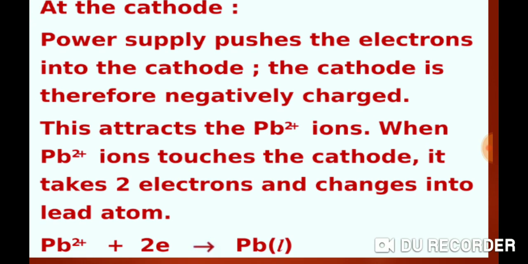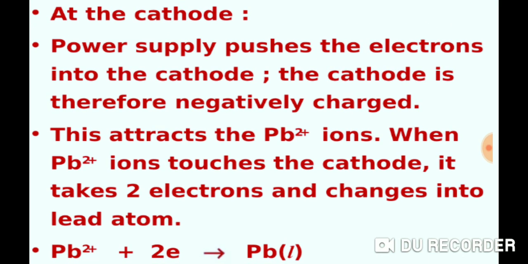Similarly, the power supply pushes electrons into the cathode. The cathode is therefore negatively charged. The negatively charged cathode attracts the lead ion, Pb2+, towards itself. When the Pb2+ ion touches the cathode, it takes 2 electrons and changes to a lead atom.